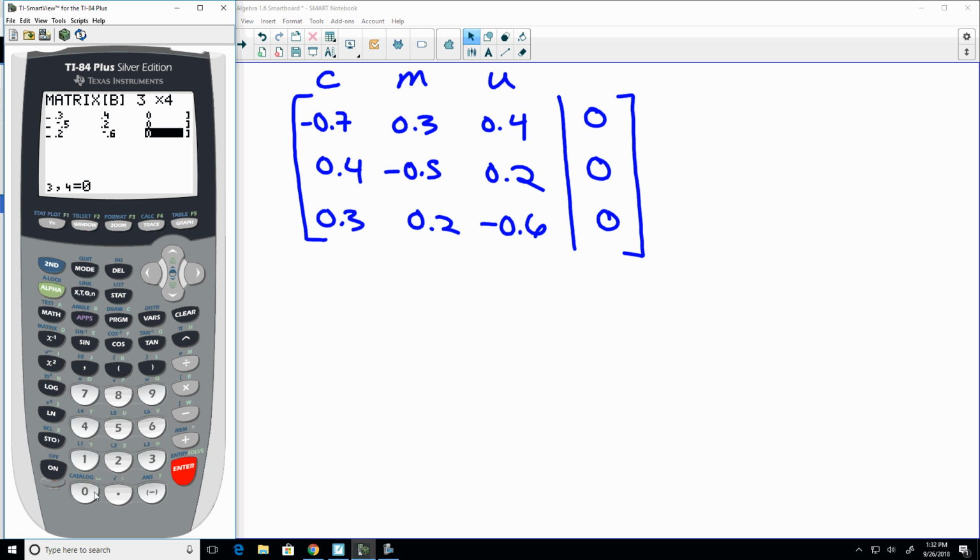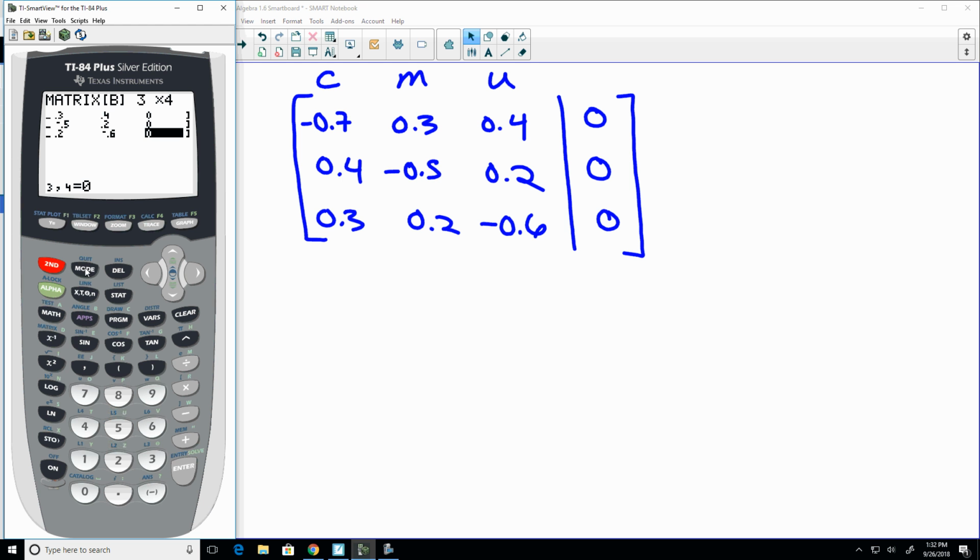This one wouldn't be bad to row reduce. First thing I would do is multiply every row by 10, and then just start row reducing it. The solution would be the same no matter if you multiply each row by 10 or not.